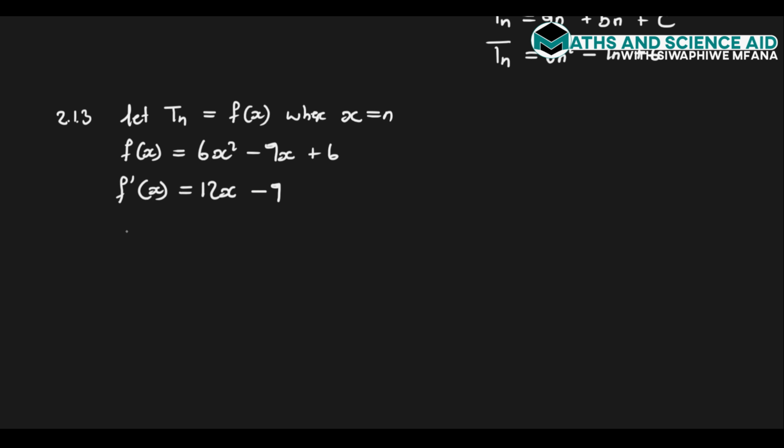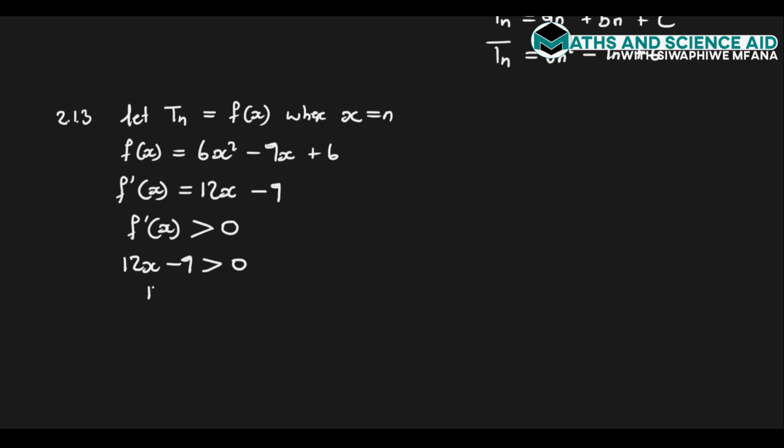We know that if a function is increasing, it simply means that the first derivative of that function is greater than 0. So we simply need to solve for this inequality. So f prime of x is 12x minus 9.